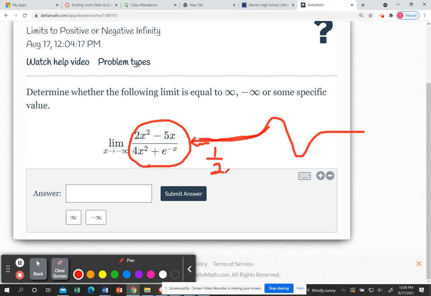Alright, does it look like it's at 1/2? And again, how did I know? Because of this right here. Do you see the shortcut? X squared and x squared goes away. 2/4 will be 1/2. But you can tell with your graphing calculator. Does that make sense? Alright, so that's what we're supposed to do.